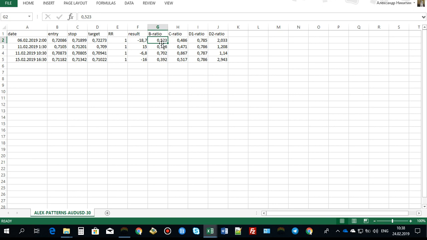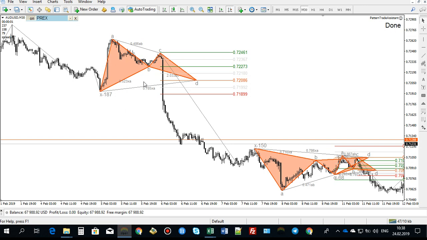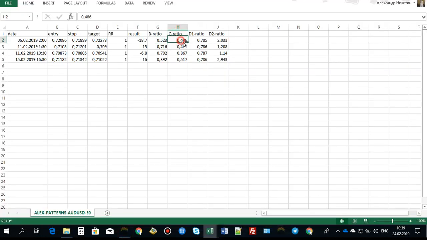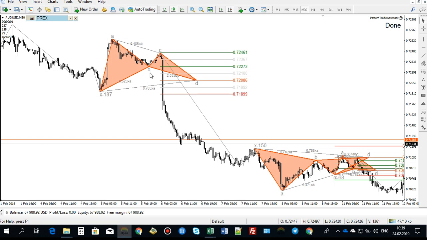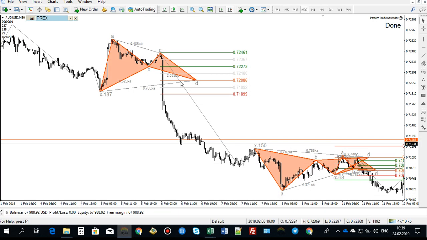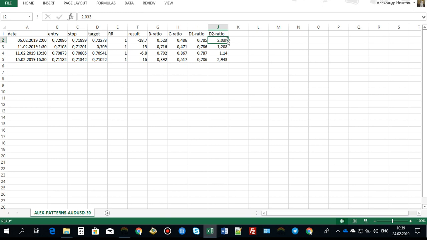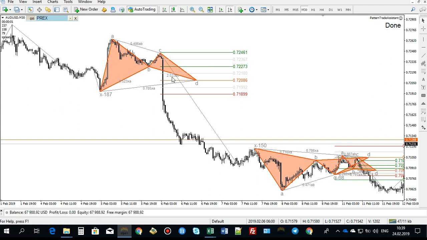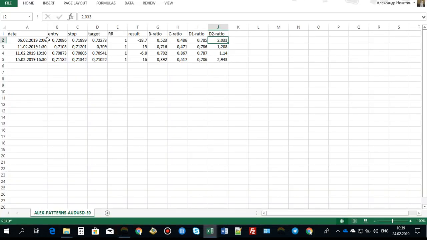The B point ratio was 52.3 XA, and the C point ratio was 48.6, and the D point ratio was 7.86, and the complementary D point ratio was 2.033. So you see all the data about this pattern was collected and typed into your Excel spreadsheet, including time.